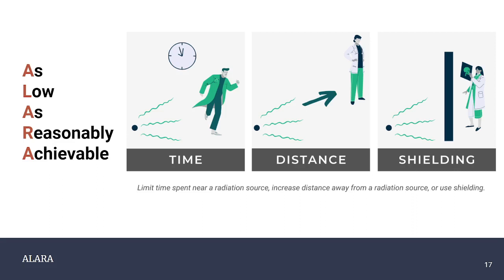Like our source on campus is a cesium-137 source, I believe. And if you were standing 2 meters from it, you would be fine for months before you even reach your annual dosage. I mean, completely safe.